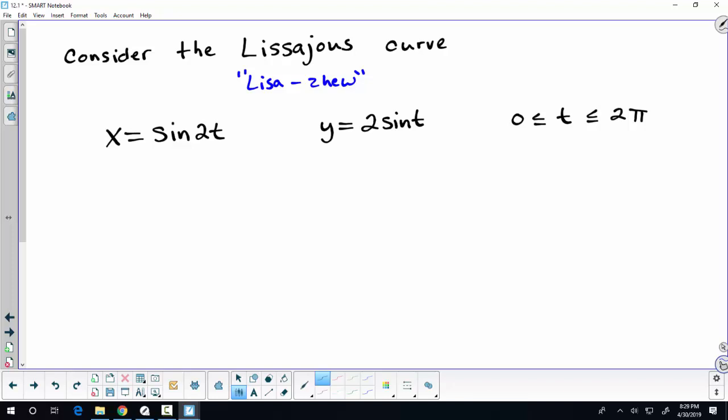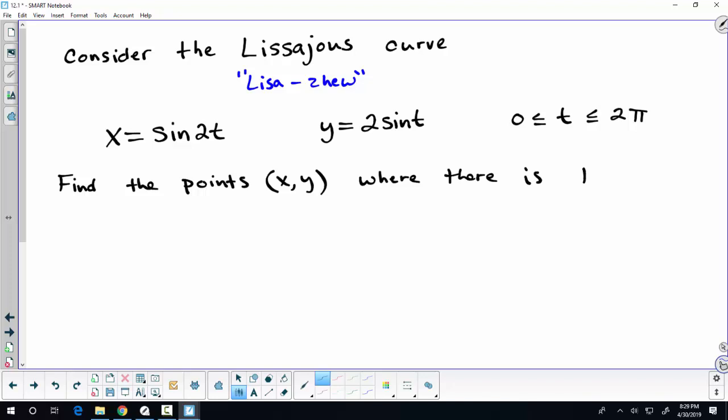What we want to do is find the points (x, y) where there are A, horizontal tangents, and B, vertical tangents.